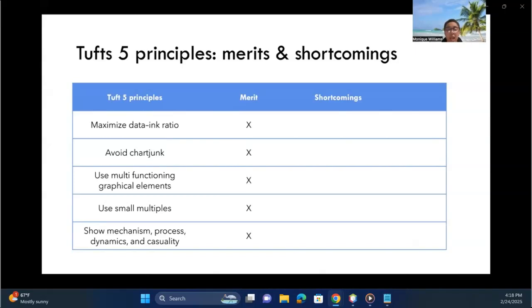The mechanisms, process, dynamics, and causalities of the visualizations as well, I feel like they did really well. Even in the review, the results graph as shown, I feel like they broke it down pretty well into different graphs, but showing multiple things that all tied in together. So it just made sense looking at everything.